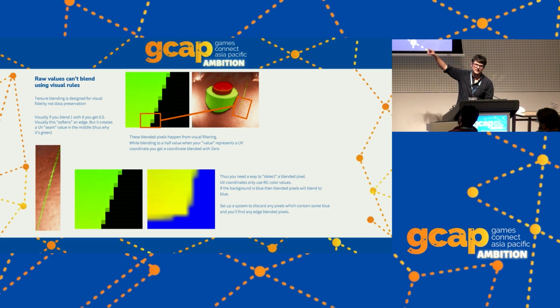That half pixel isn't just a random value. Because the half pixel's a bit darker, it means that it thinks its UV coordinate is deeper into the object than at the edge, because that means a real number. And the reason why it does that is all of our blending and mipmaps and filtering is designed for perception, not value. We want to see a good 50% blend as something blends from one color to another.